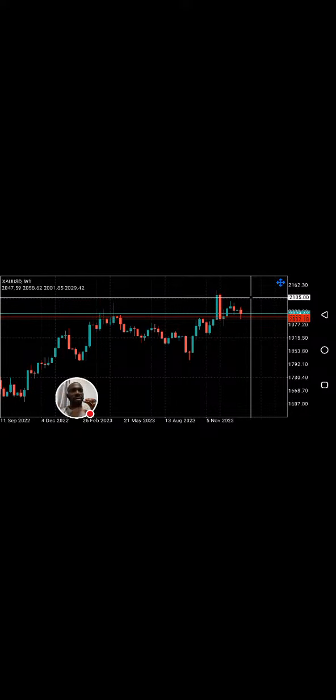After identifying this demand zone on the weekly time frame, we would go down to the daily time frame. On the daily or 4-hour time frame, there has to be a bullish reversal pattern. So let's go down to daily before we go down to 4-hour.